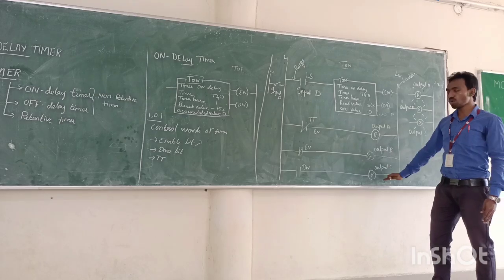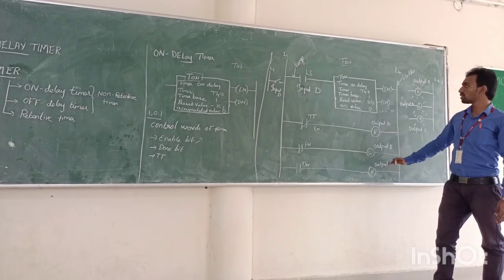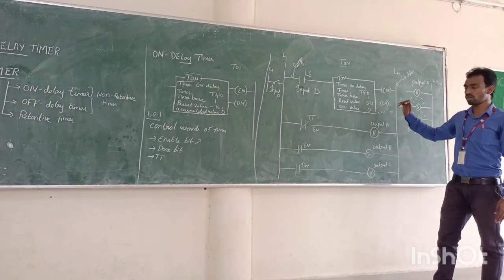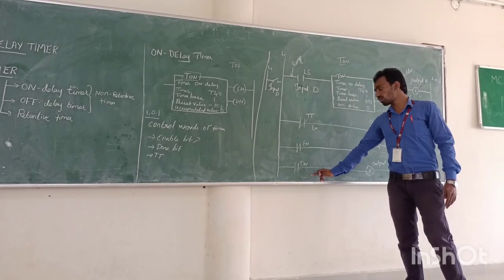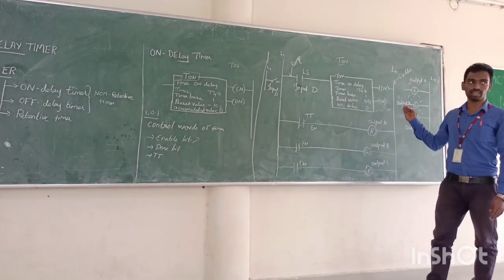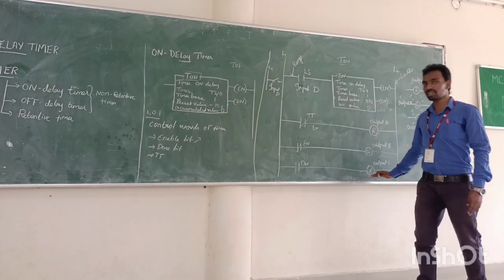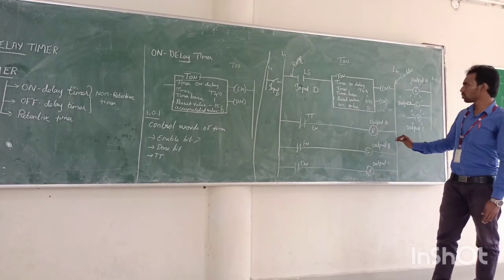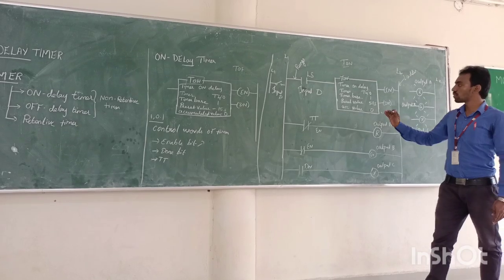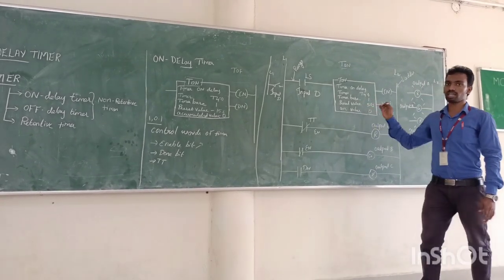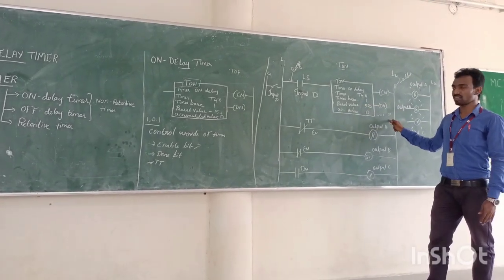When will the yellow light turn on? It turns on when the done bit is activated, because we are giving the address of the done bit here. We already know that the done bit is activated when the preset value and accumulated value become equal.